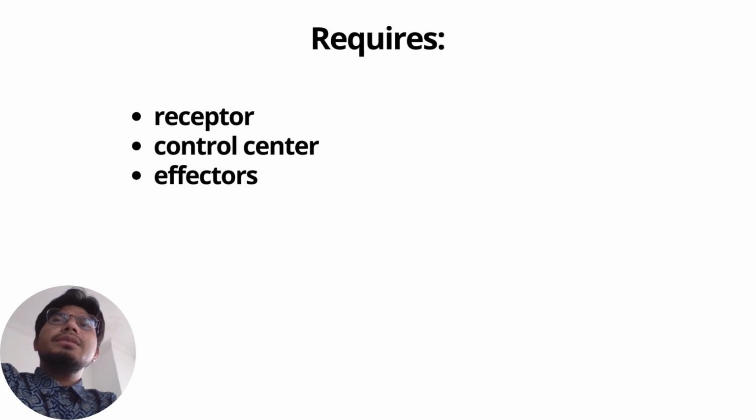In order to achieve homeostasis, we need these three components: receptors, control center, and also effectors. Receptors play an important function to detect any deviation of that particular parameter from the normal range and send the signal to the control center, which is the brain and spinal cord. The information will then be sent to the effector to correct the deviation and make the parameter stay within the normal range.